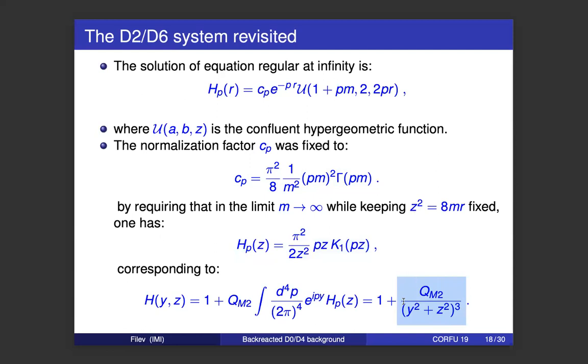That's it. So they had this M2 Taub-NUT geometry, and because it becomes flat in the infrared, charge conservation fixes for you the solution locally to look just like the solution of M2 branes. We don't have that luxury, right? This is a very special thing they have here in the infrared that actually allowed them to fix that constant.